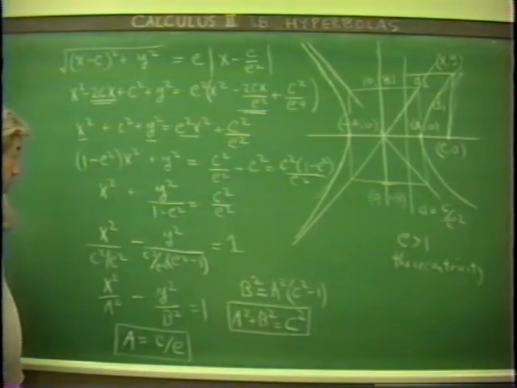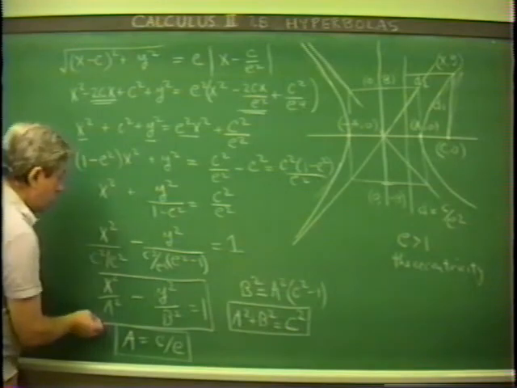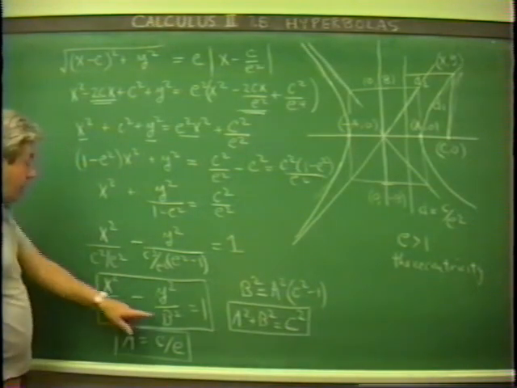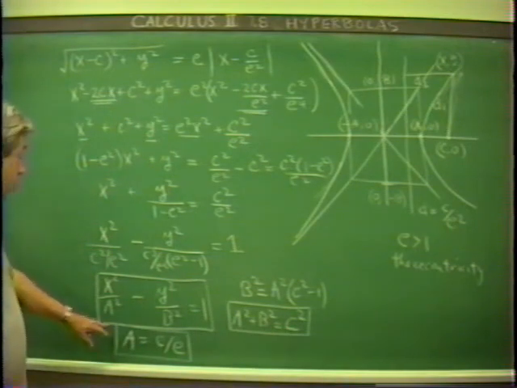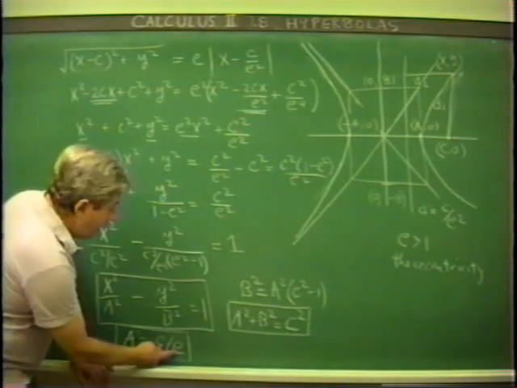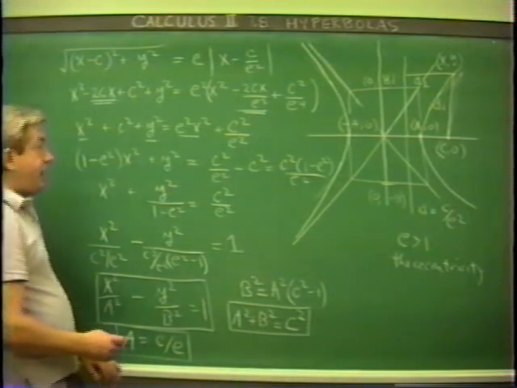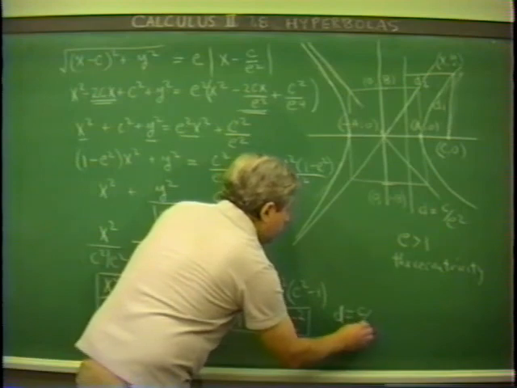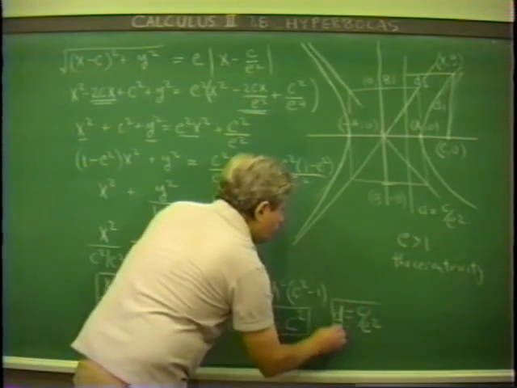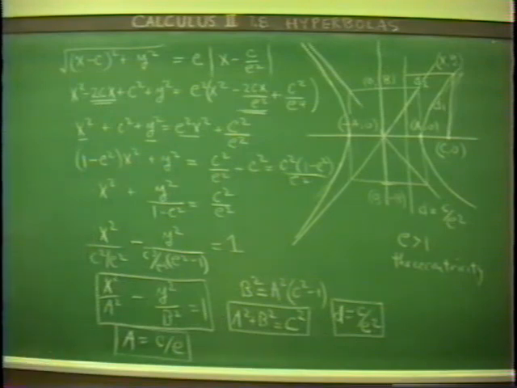So a squared plus b squared is equal to c squared. So if you know the equation in this form right here, and you know a and b, you can immediately find c because c squared is a squared plus b squared. You can then find e because a is c over e, and to find d, we have the fact that d is equal to c over e squared.